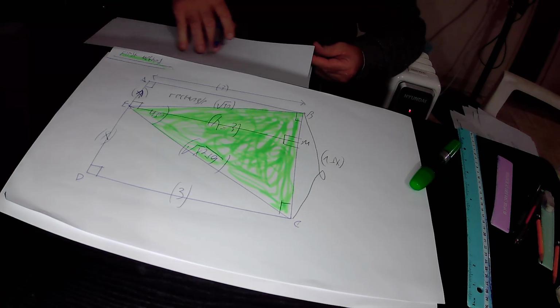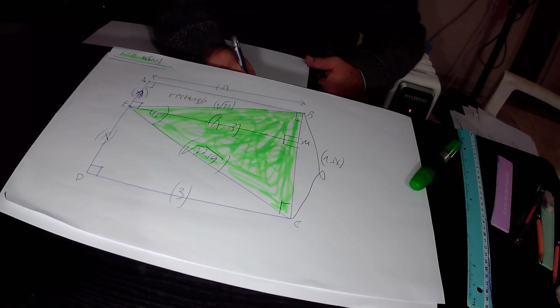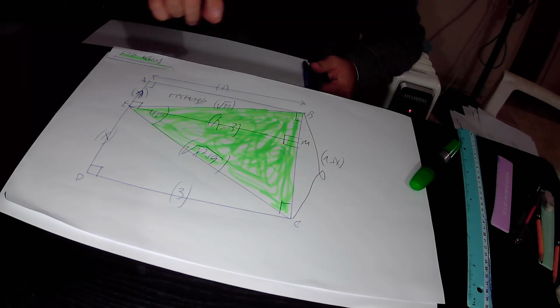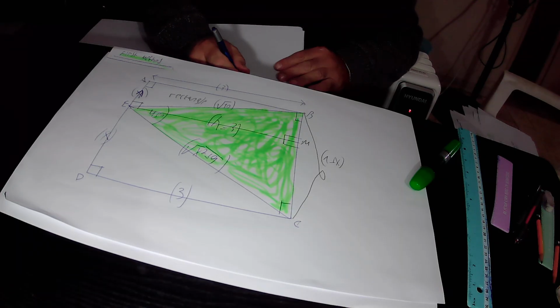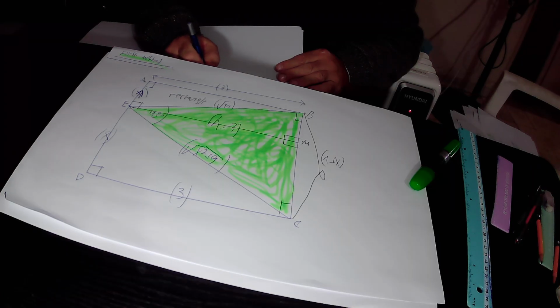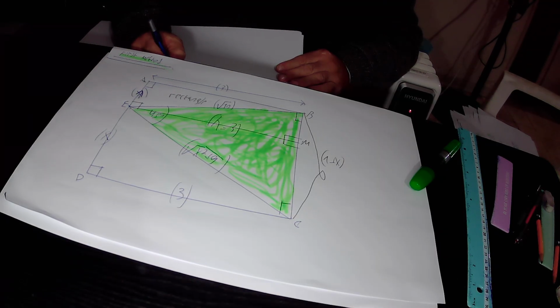Again, the area of this green triangle EBC will be equal to the multiplication of those two sides by each other, that is to say EB times EC, times the sine of the angle between those two sides, that is 45 degrees, so it is sine 45 degrees over 2.